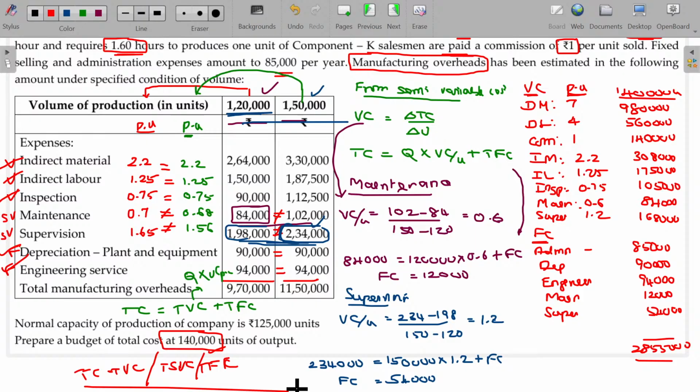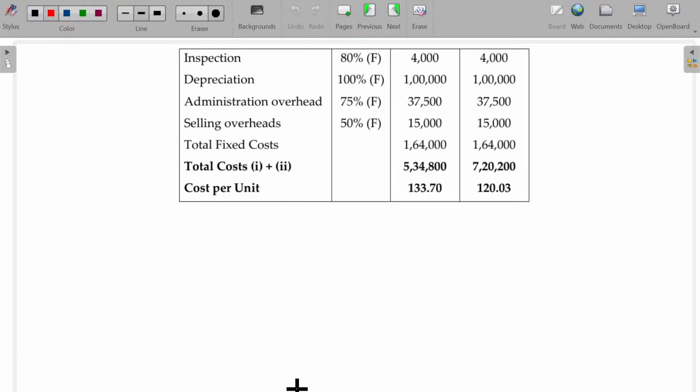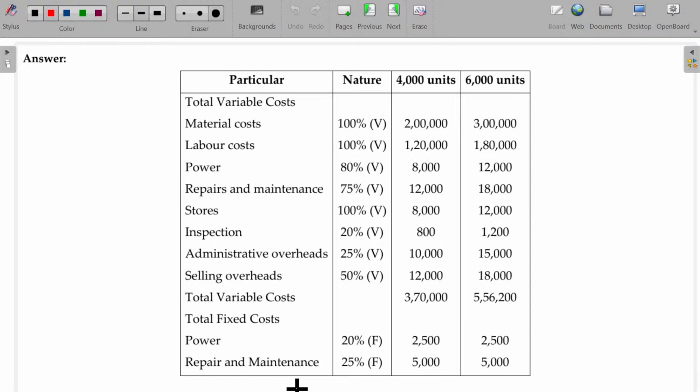So with that flexible budget, all the models are over. Standard costing, marginal costing, and budget. These three chapters carry almost 25 to 30 marks. We have covered more than one-fourth of the syllabus.